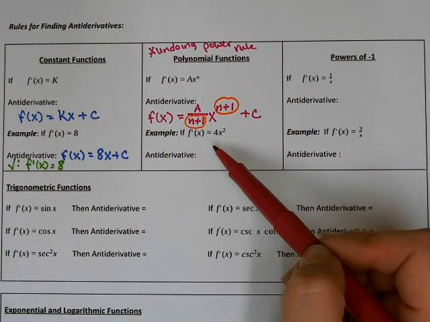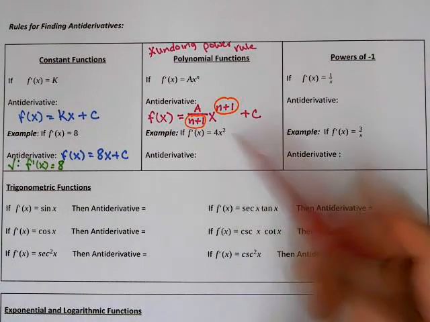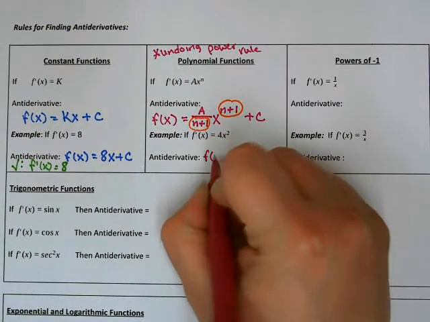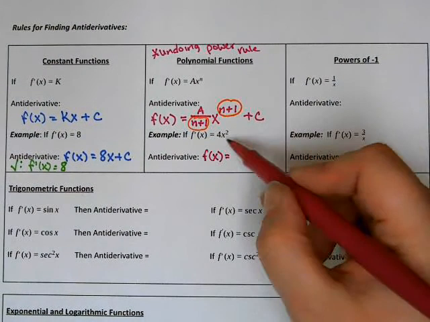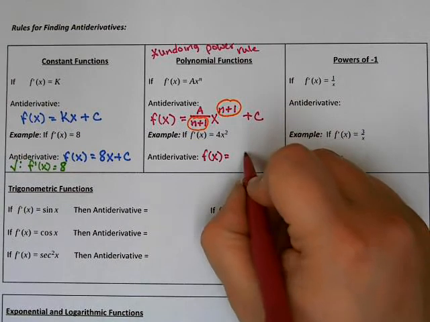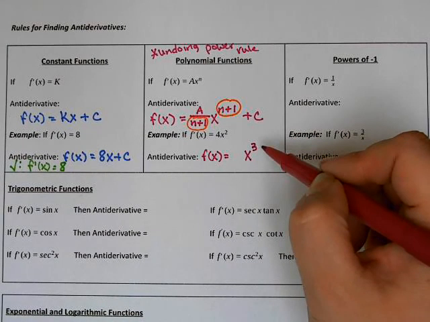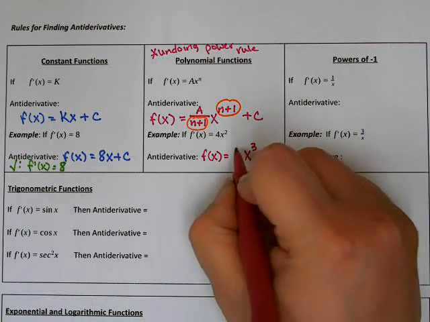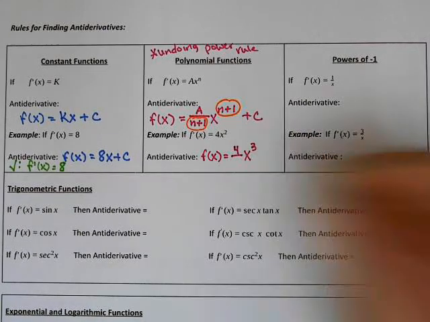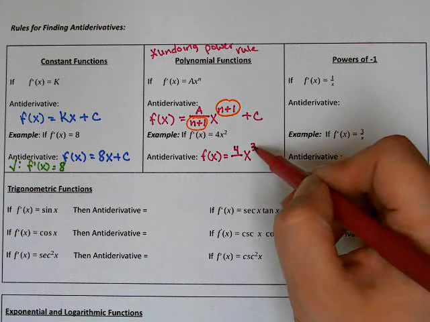f prime of x is equal to 4x squared. So the antiderivative, f of x, I always start by looking at my exponents. So since I have x squared, I know that my antiderivative needs x to the third. I've got the 4 in front, so I'm going to put that in my numerator. And my new exponent is a 3.